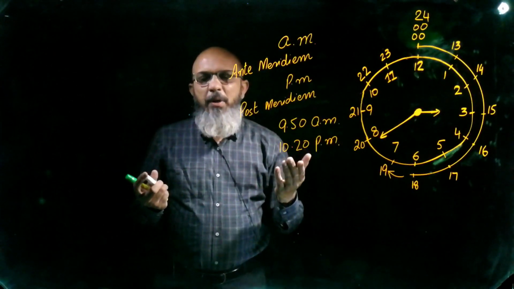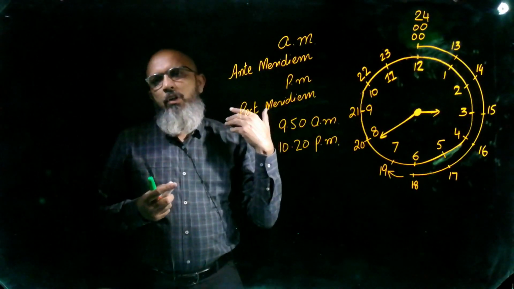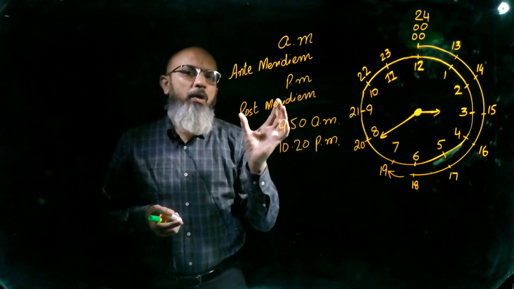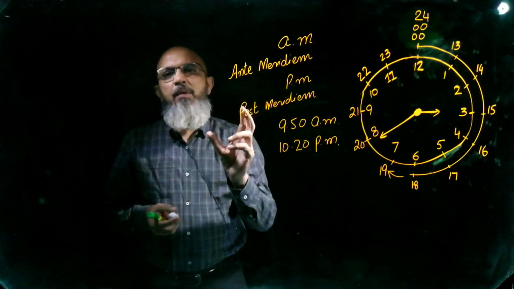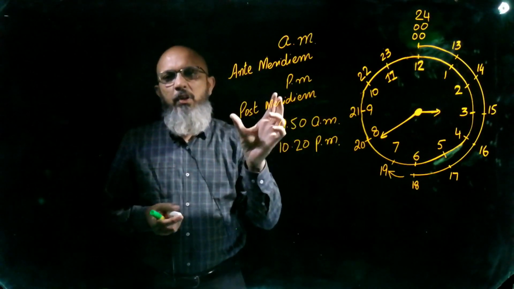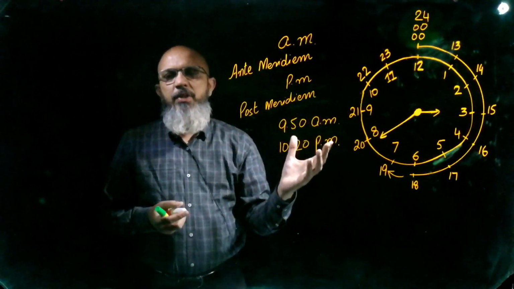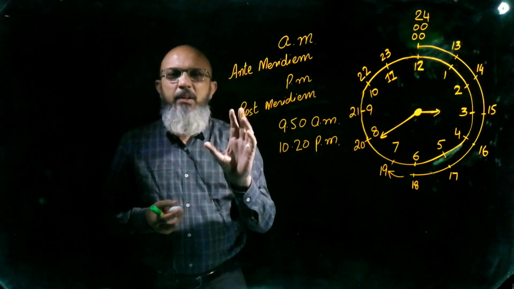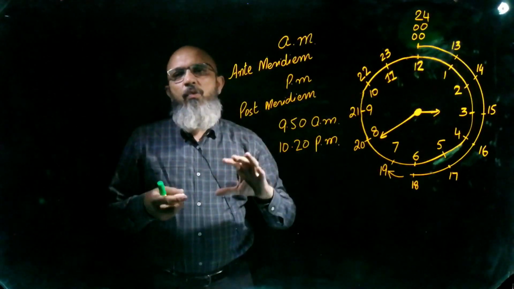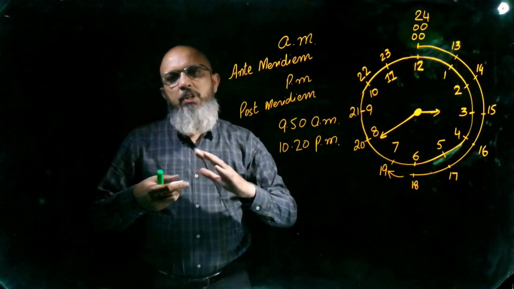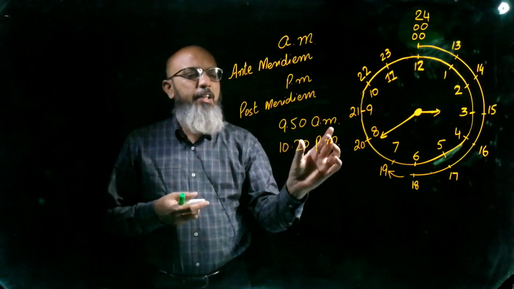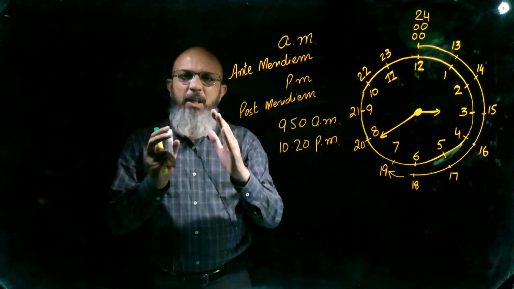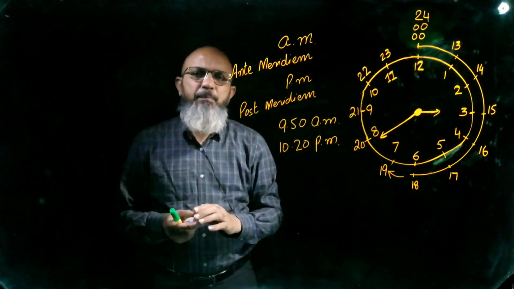You join the school in the morning, either 7:30 a.m., 7:50 a.m., 8:20 a.m. or 9 a.m.; that is your morning time. In the evening, when you are at home watching TV or playing games, that is your PM timing. Now the difference is clear.